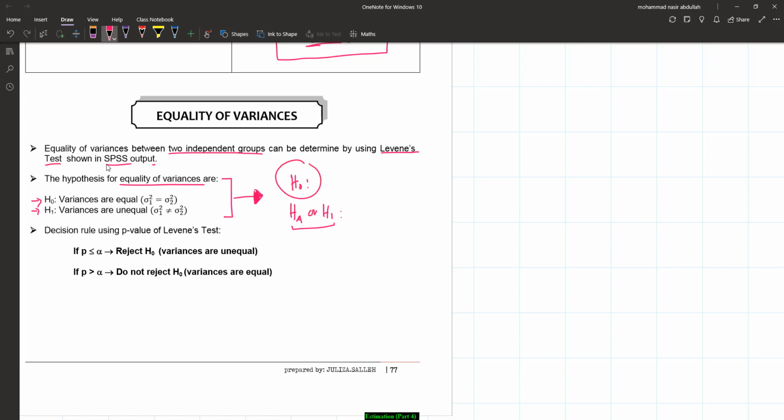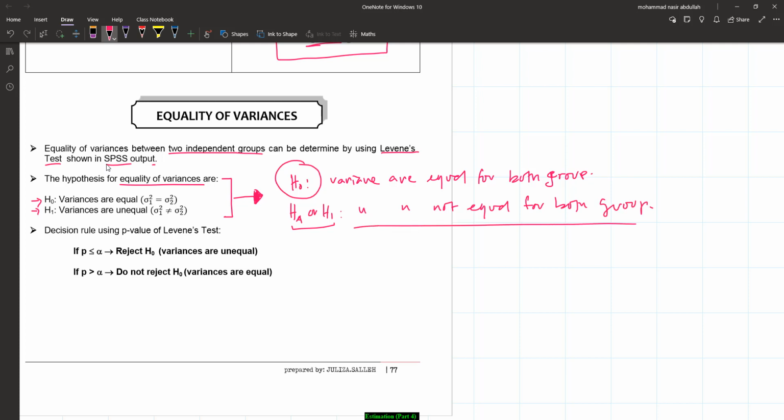We only test on the null hypothesis. The null hypothesis is that the variances are equal for both groups. The alternative hypothesis is the opposite of the null hypothesis, meaning the variances are not equal for both groups. So this is the hypothesis for equality of variance.